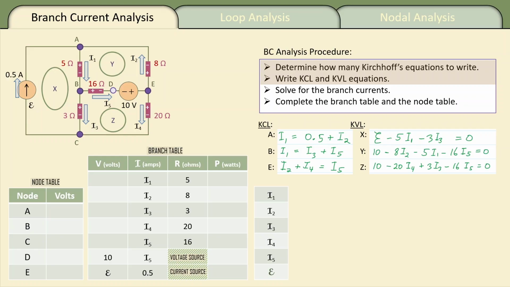Now, for the loop rule, or KVL, I'm going to start for loop X at node C, and go over to the left, up through the half amps, and over to A. I expect to increase by the unknown volts across that current source. Then as I go from A to B down through the 5 ohms, you'll see I'm going, look at the resistor, plus to minus, going with I1.